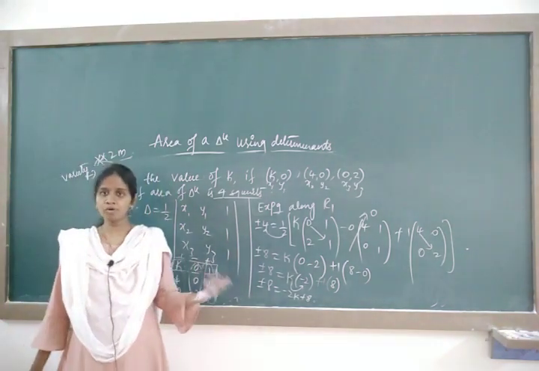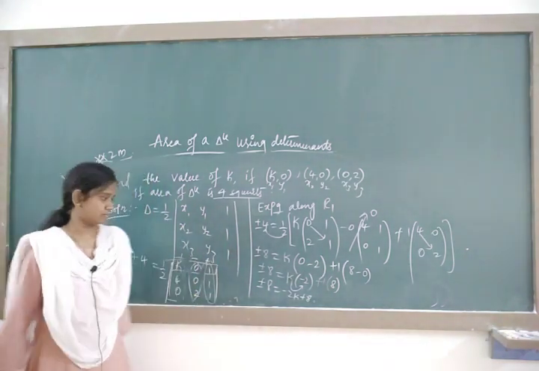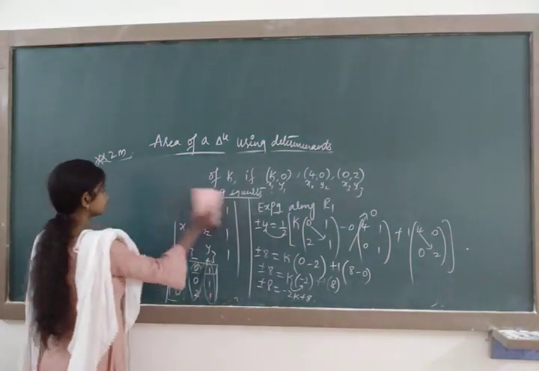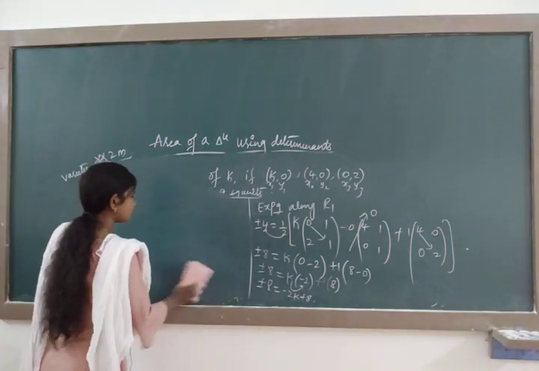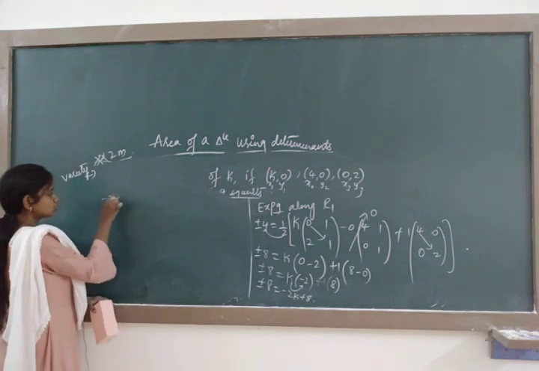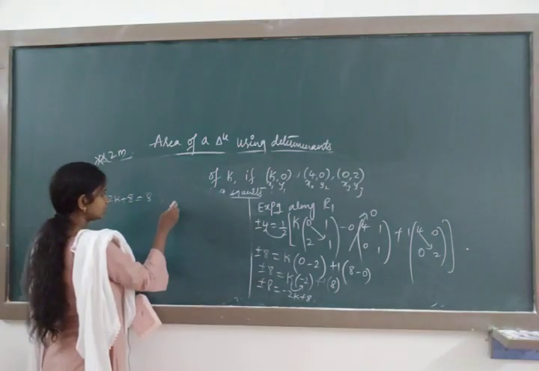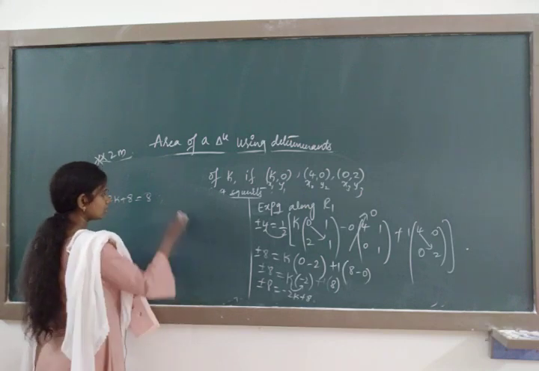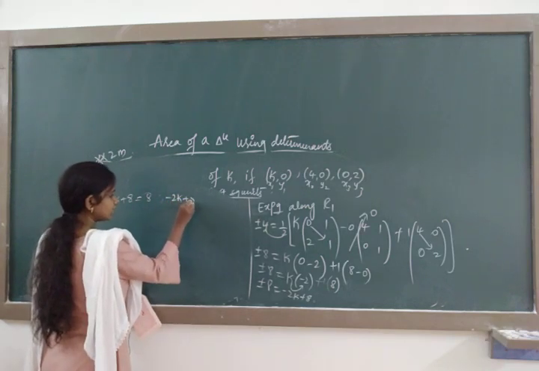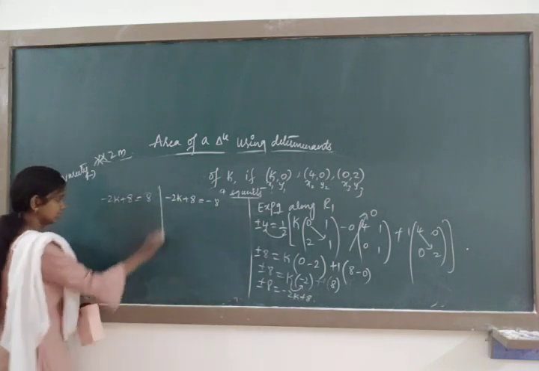Either the k will be positive, negative or 0 also. First I will equate minus 2k plus 8 to plus 8. Next you will take minus 2k plus 8 equated to minus 8.